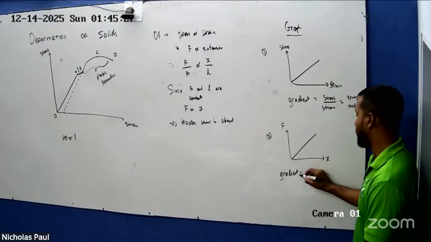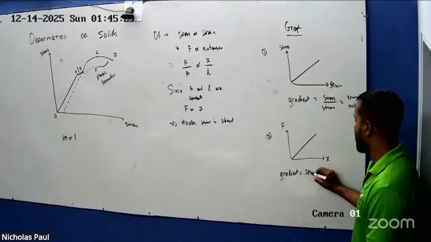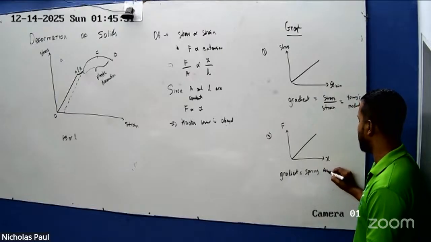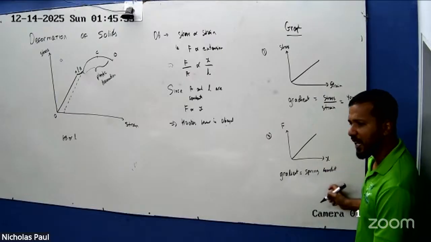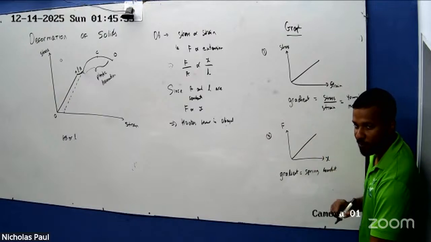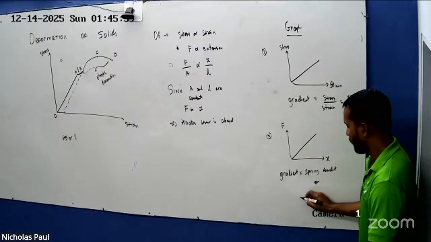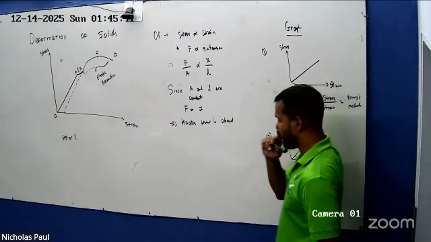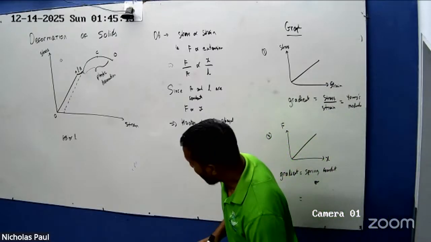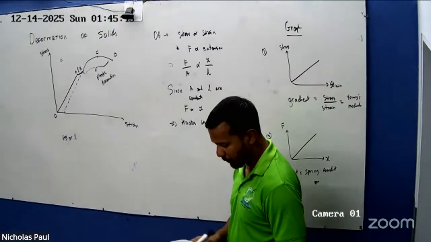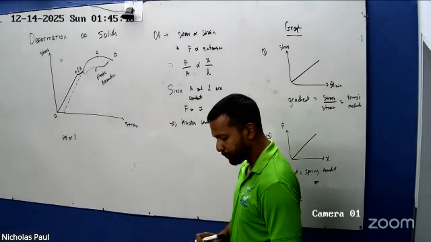Okay, right, so that's one. It can give you the spring constant. But is there any way to find Young's modulus from this graph? Let's see. Did I give you the symbol for these things?